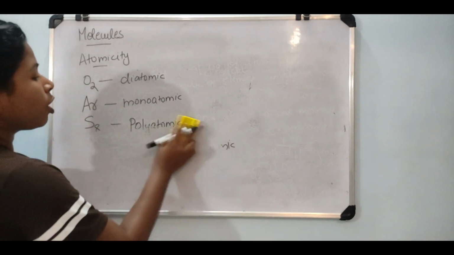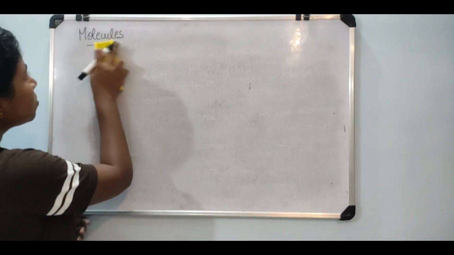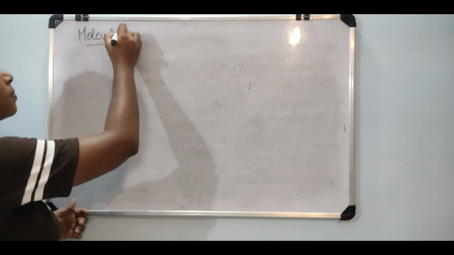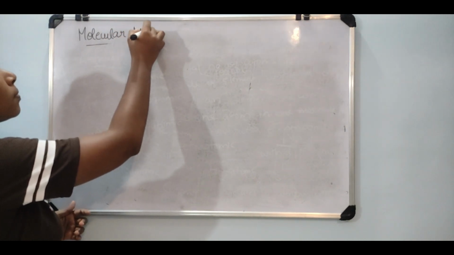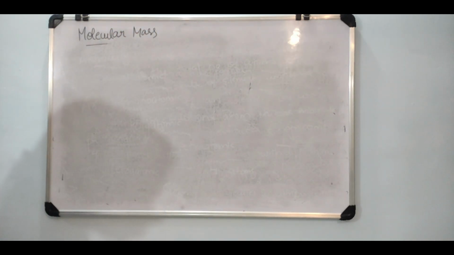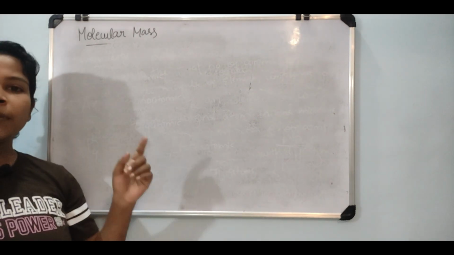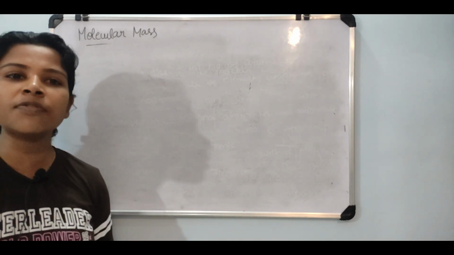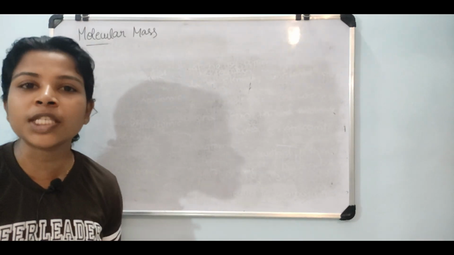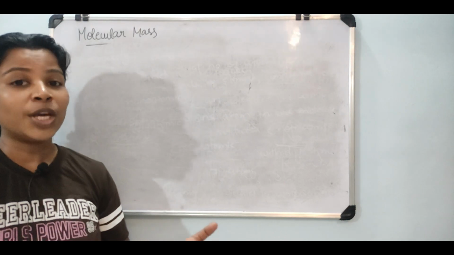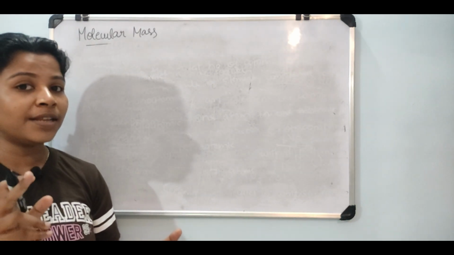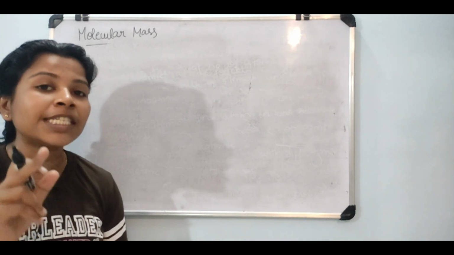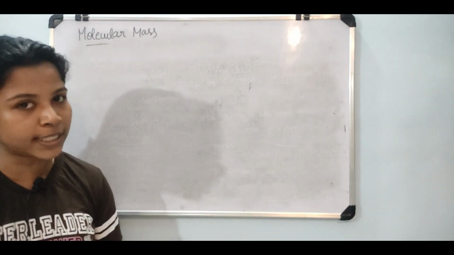Now we will come to the next topic, molecular mass. What do you mean by molecular mass? Easy, it's the mass of a molecule. How do you find the mass of a molecule? To find the mass of a molecule, the sum of the atomic mass of the atoms present in the molecule is considered.